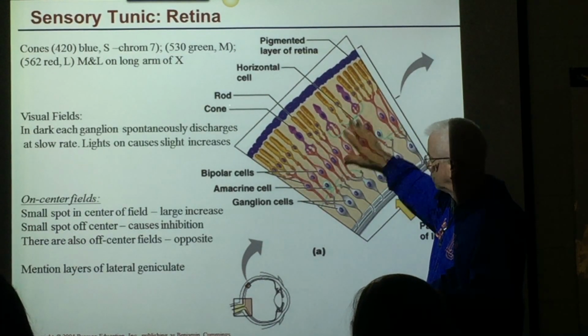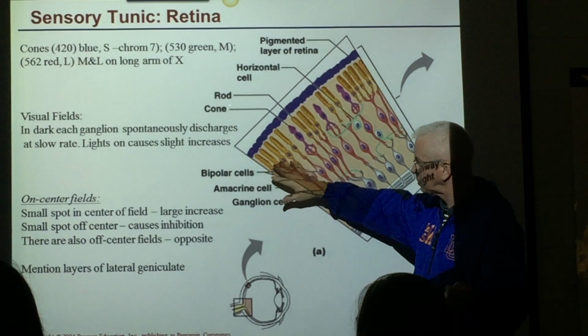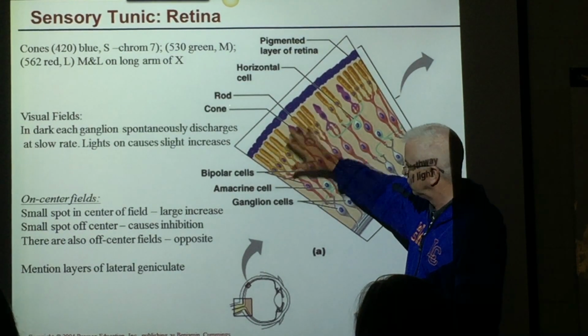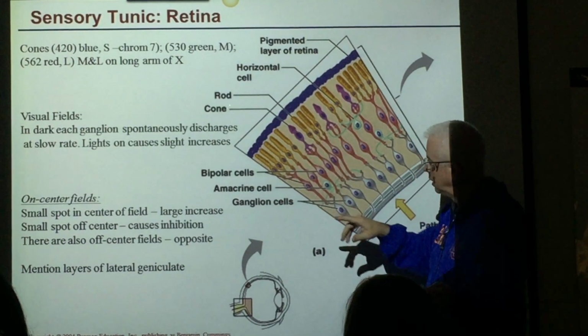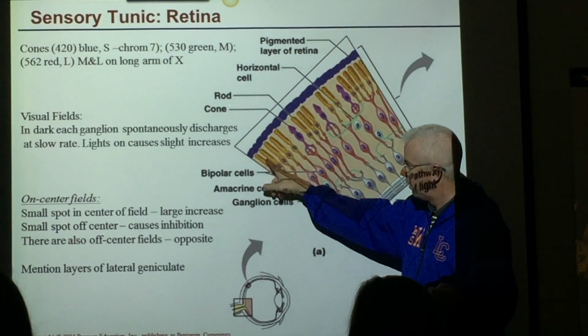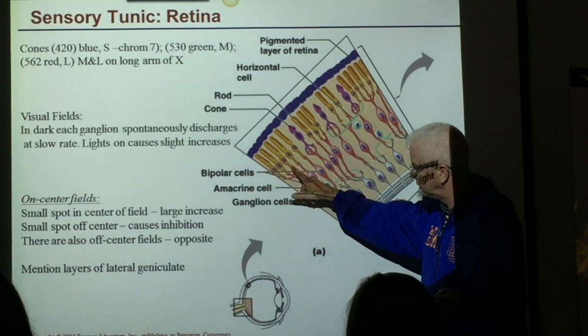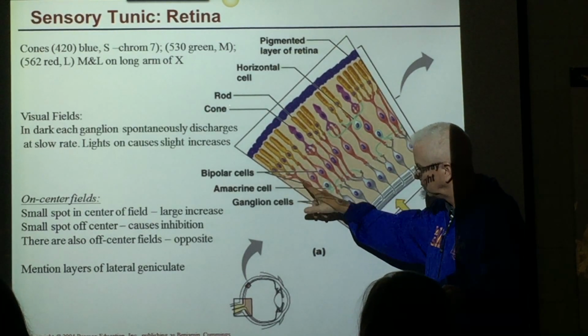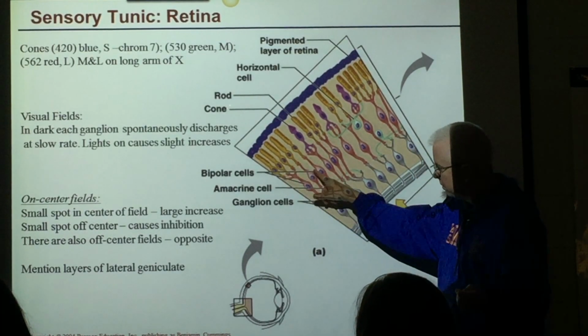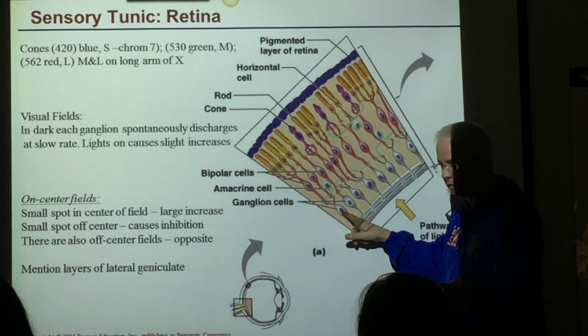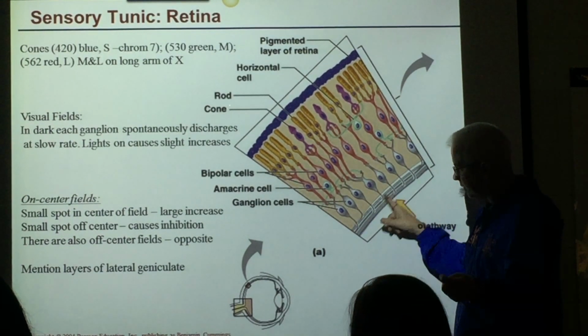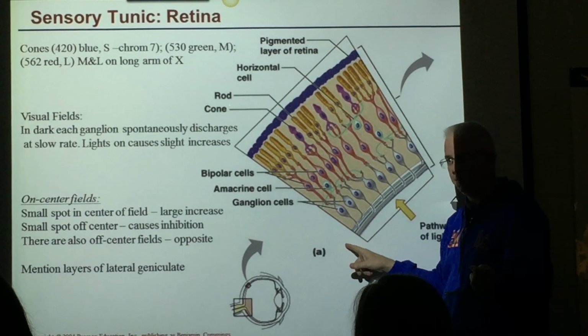And you can see those horizontal cells that are connecting those. And so you can see this picture illustrates a lot more rods than cones. And you can also see that the rod cells here tend to be connected, many rods connected to a single bipolar cell, and many bipolar cells connected to a single ganglion cell. And then the ganglion cell axons are actually the optic nerve.